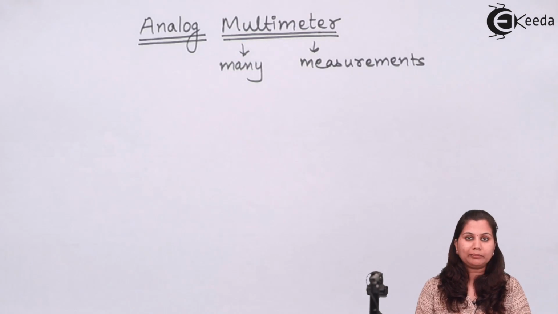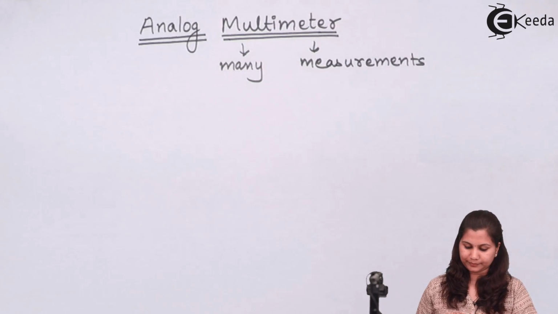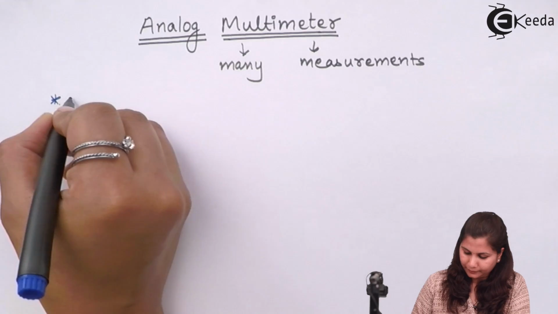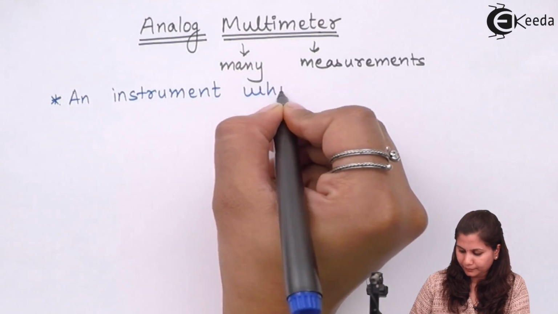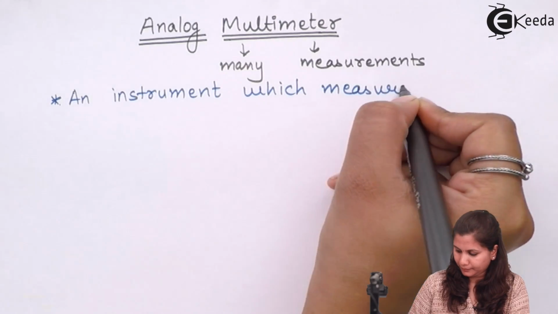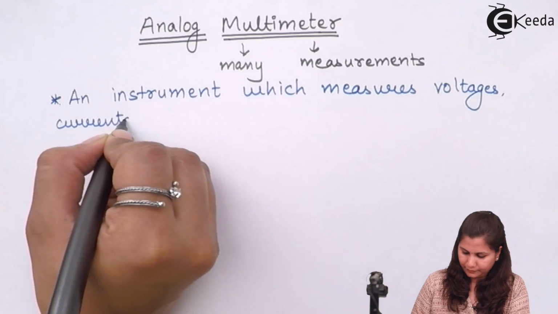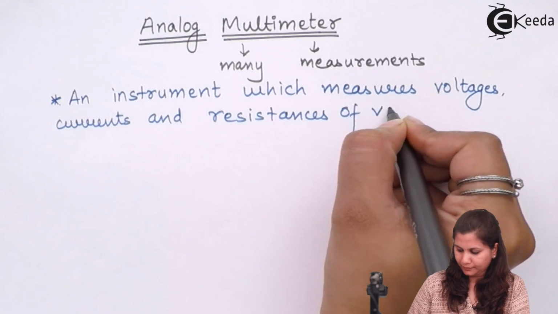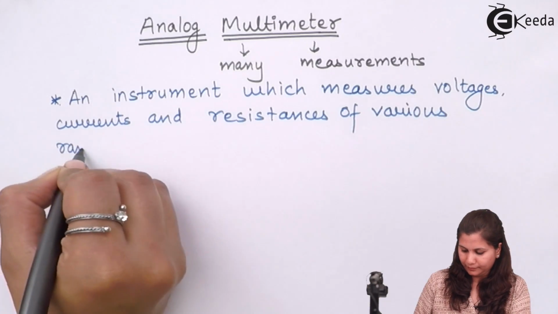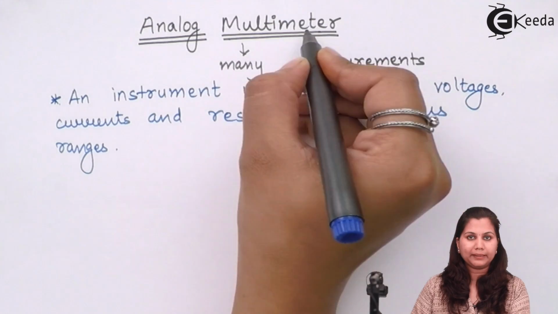So analog multimeter can measure voltage, current and resistance of various ranges. So that is the definition of a multimeter.